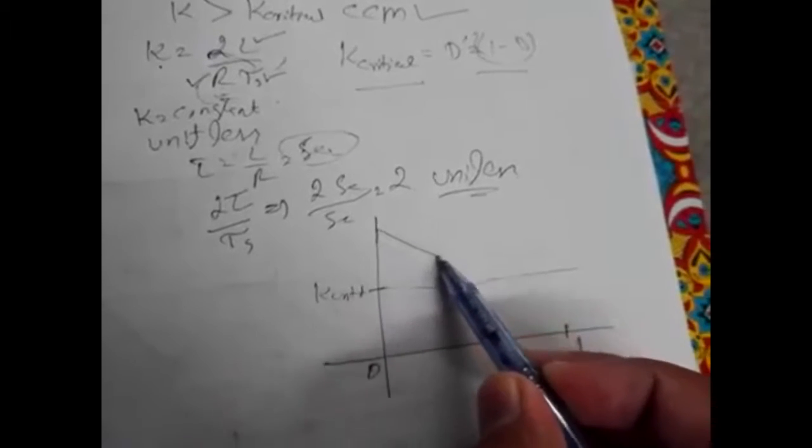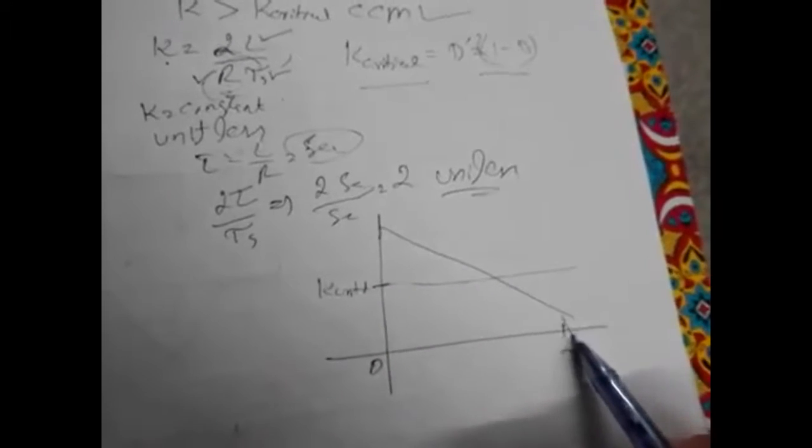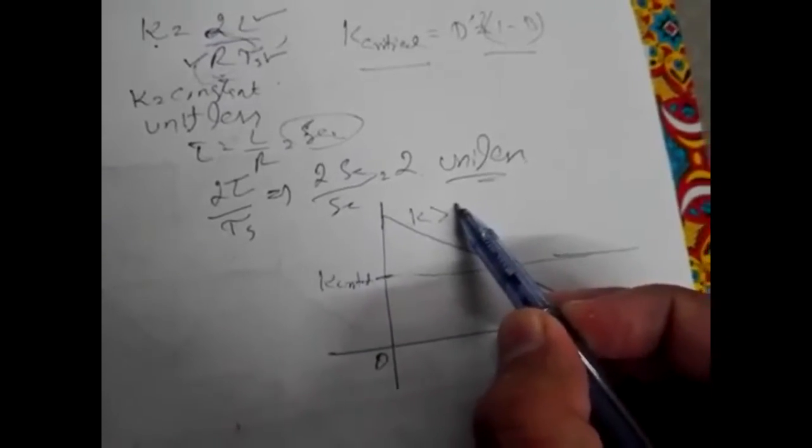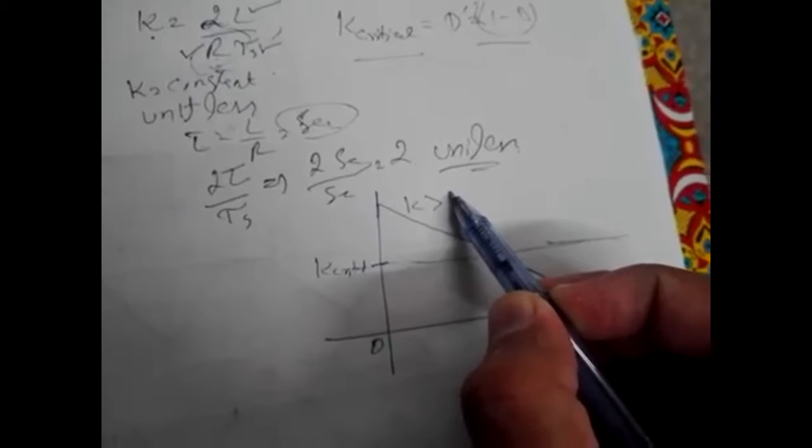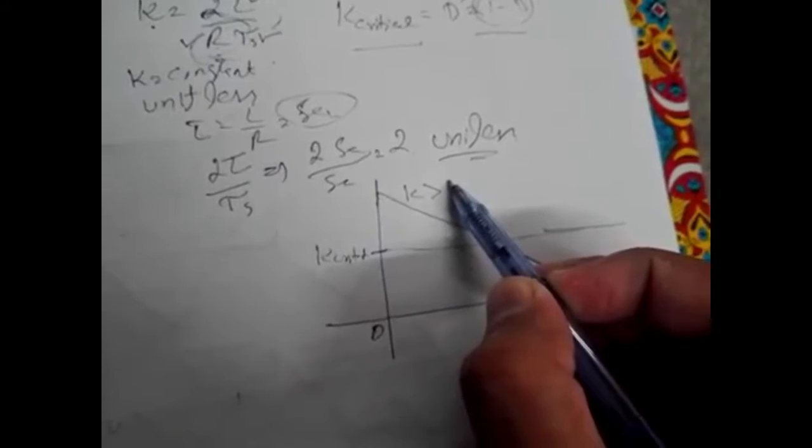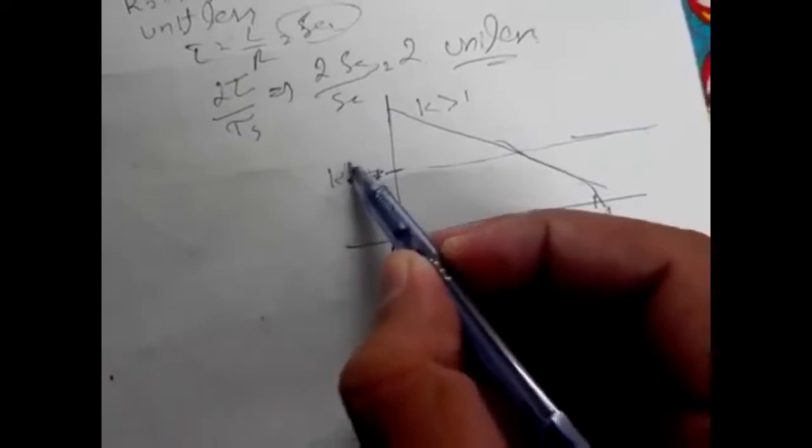So let's suppose this is the inductor current ripple. Here K is greater than K critical. Now it's not K critical, it is just K, because K is constant. So we get a fixed value of K, 2L by R Ts.